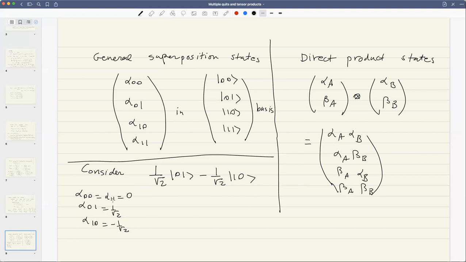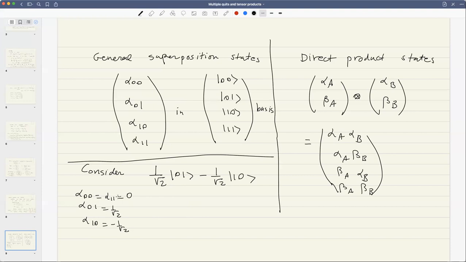So that's a good normalized state for two qubits. And if we could write it this way, then it would imply that alpha A, alpha B, and beta A, beta B must be 0. So let's try and see if we can make it work, right?